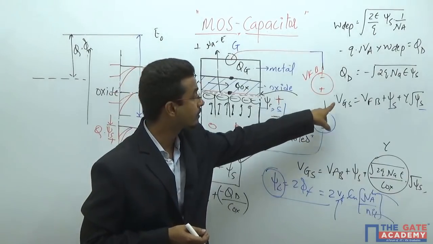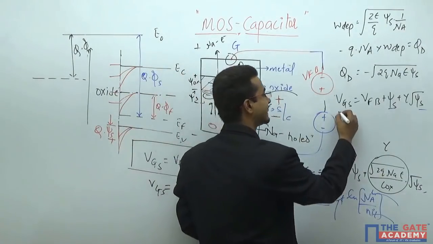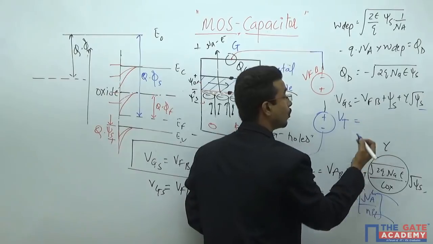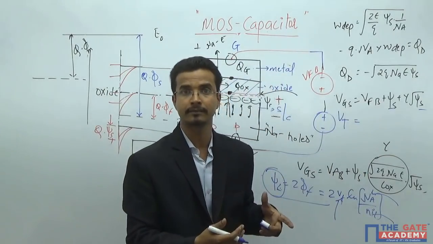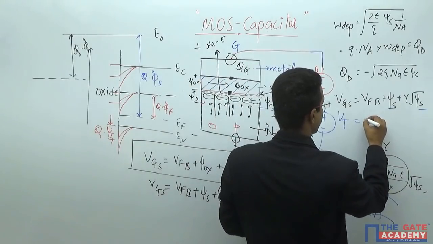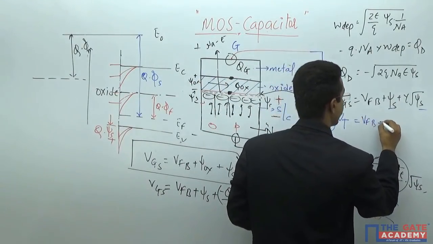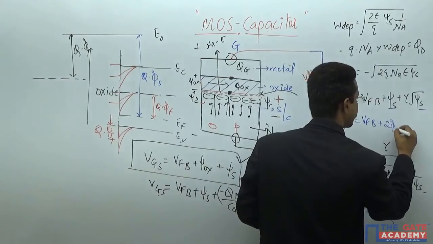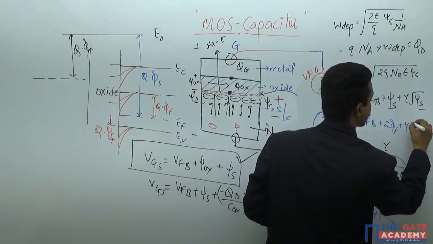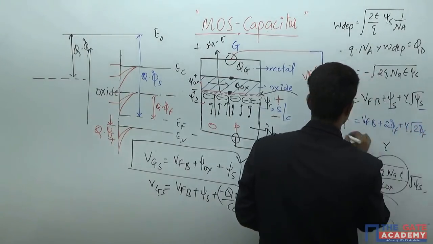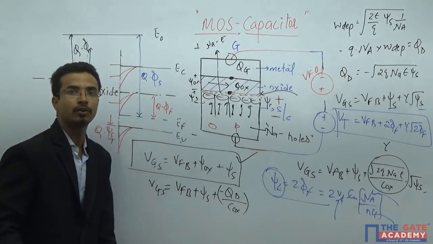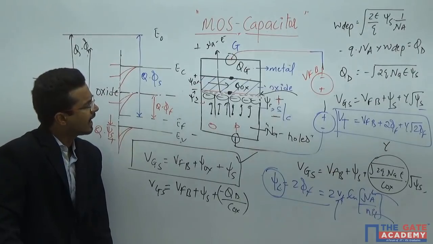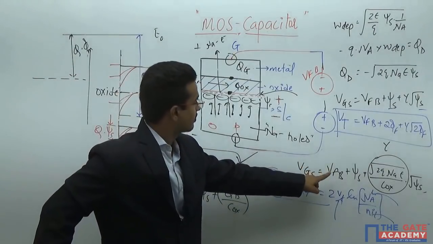And that voltage VGS is known as VT, the threshold voltage, which you have studied many times in MOSFETs. VT equals VFB plus 2 phi F plus gamma times root over 2 phi F. This is the threshold voltage, and you can estimate it from here.